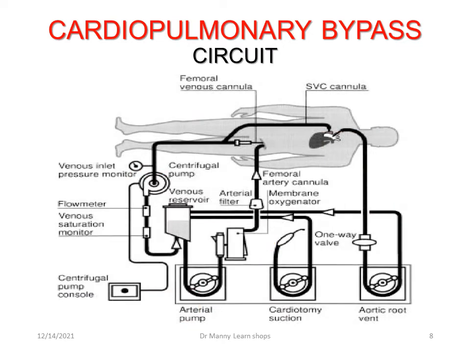We have the patient, and the SVC cannula that's inserted into the right atrium, right ventricle too. It's one cannula, which keeps the heart empty. You can also have a cannula in the femoral vein. So you've got two cannulas to keep the heart empty.